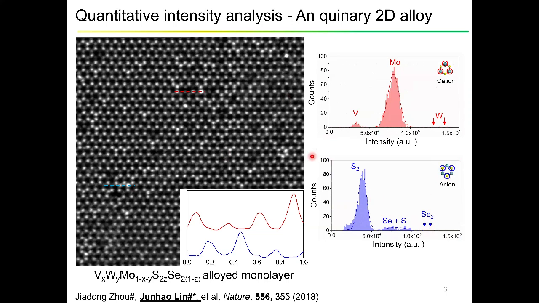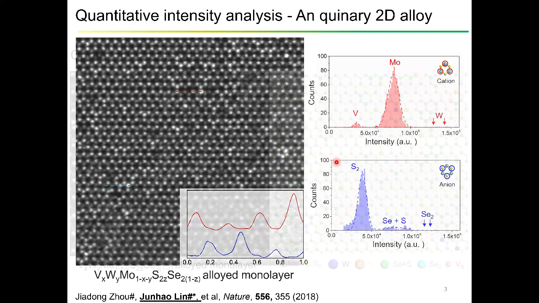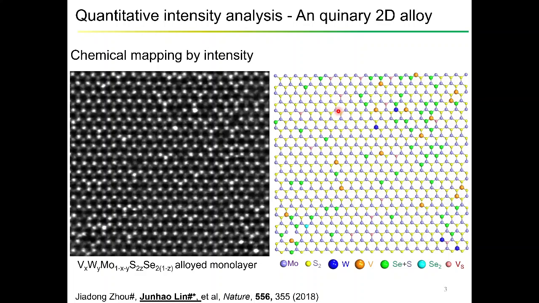So by doing this, we can very easily map out all the atoms, not only the coordination, but also the atomic elements in each atomic column, so that we don't need to do any elemental analysis like EELS or EDS. We just need to read the intensity of the image of each atomic column so that we can map out its three-dimensional structure by the intensity and also its chemical identity in each atomic column.